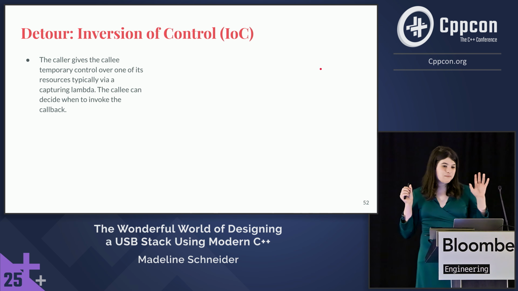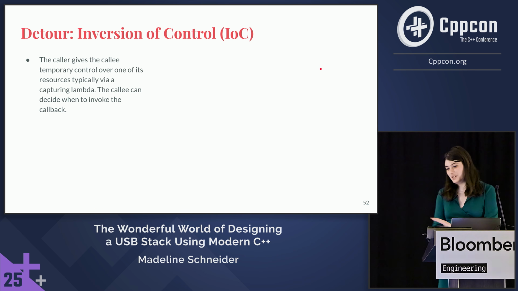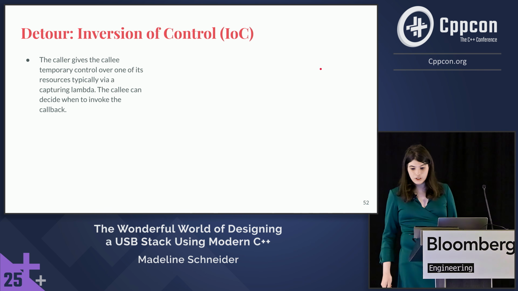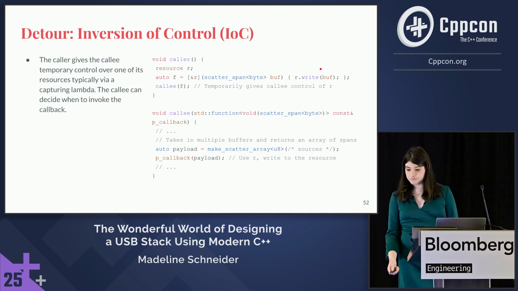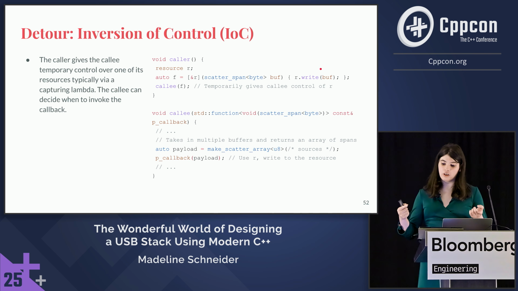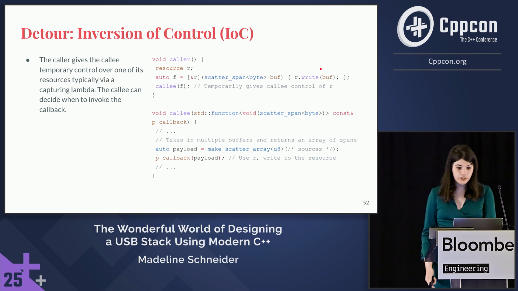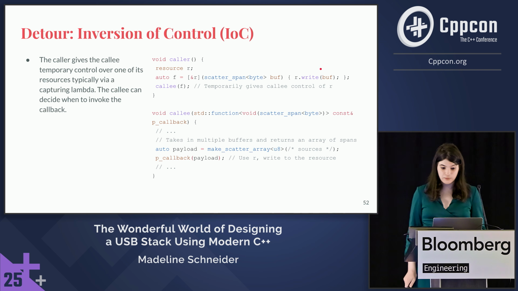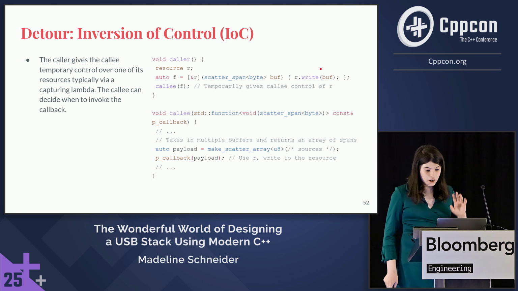Okay. But before that, we need to take a small detour, and we need to talk about the concept of inversion of control. This is a software design technique. Typically it allows a caller to give a callee temporary access to one of its resources. So imagine that we have some resource R that can write a scatter span to a piece of hardware, and say we have these two functions, caller and callee.